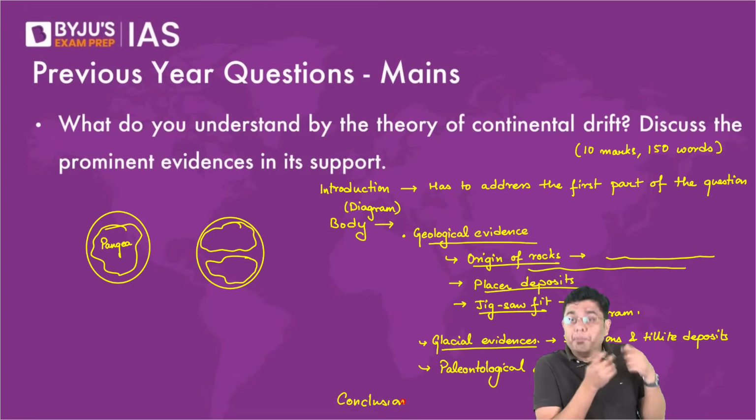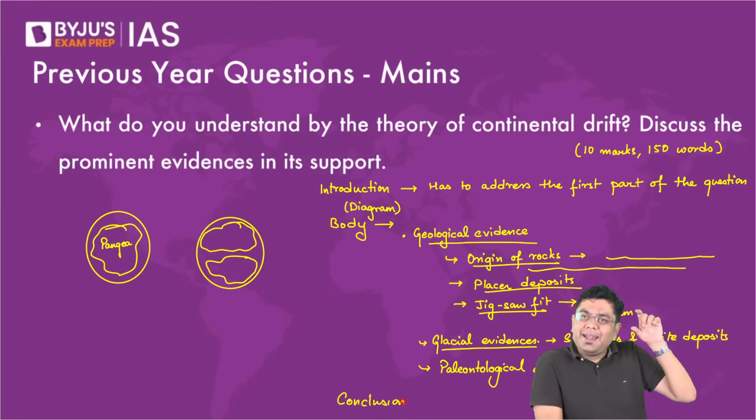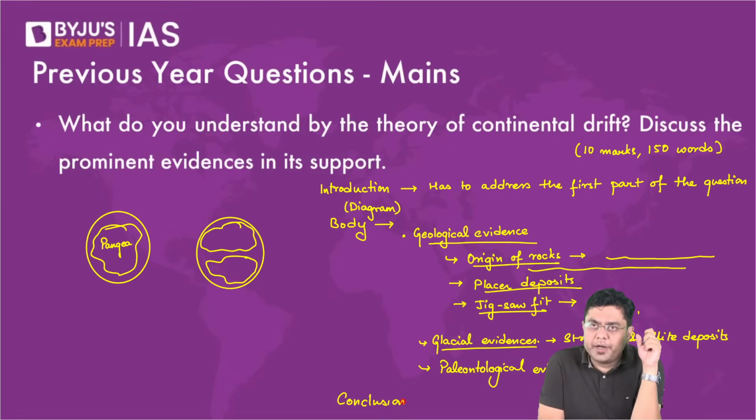This formed a bulwark or the basis for the evolution of further theories like plate tectonics, which help us understand the realities of the movement of planet Earth. Now, in this kind of conclusion, you are highlighting the importance of the continental drift theory, and how it has been instrumental in the postulation of plate tectonics as well. So that is something which is required.